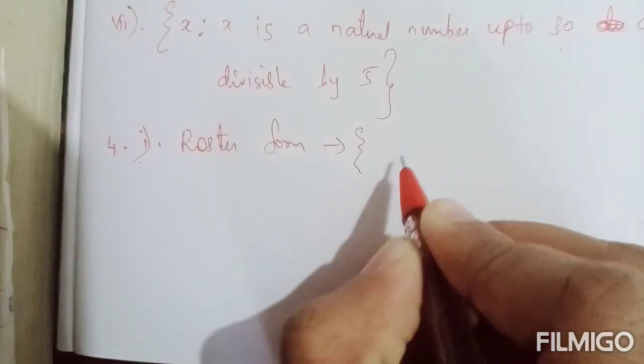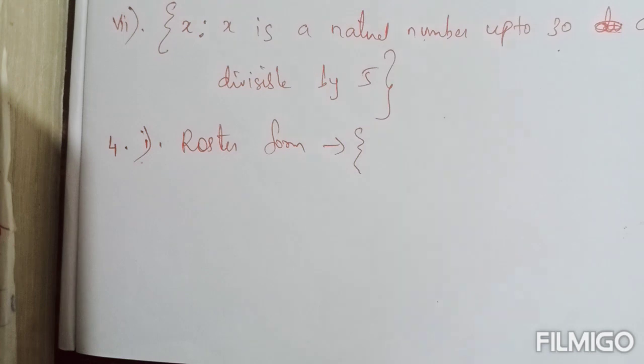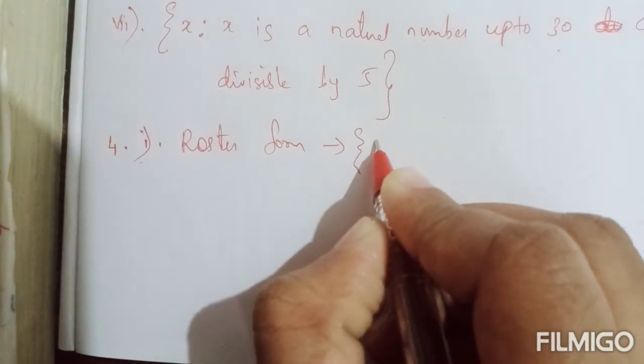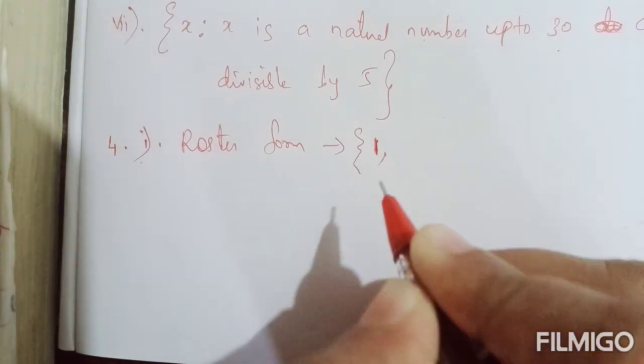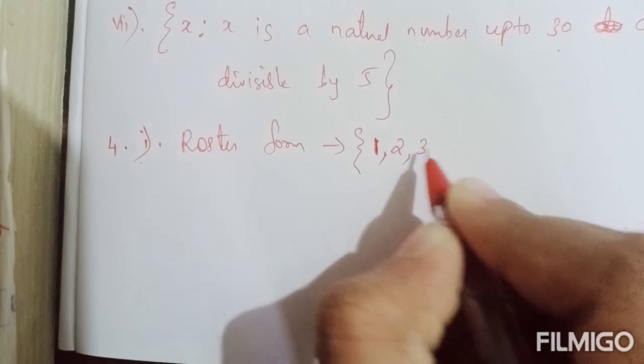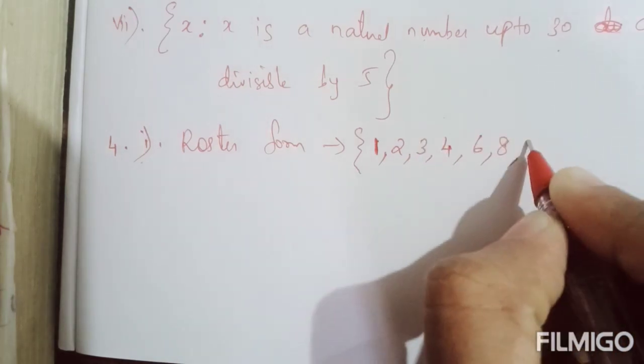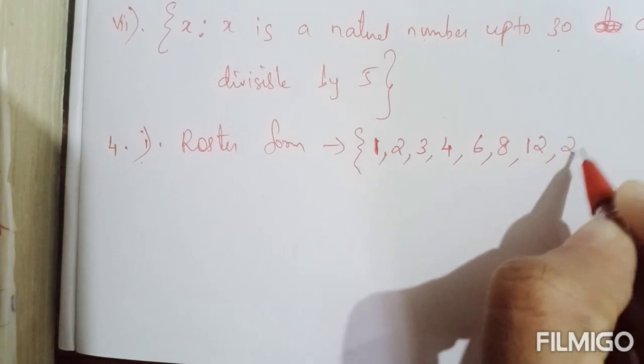Which all natural numbers will divide 24 completely? That means factors of 24 you have to write. Okay, you can write natural numbers only. Write 1, then 2, 3, 4, then 6, 8, then 12, 24.